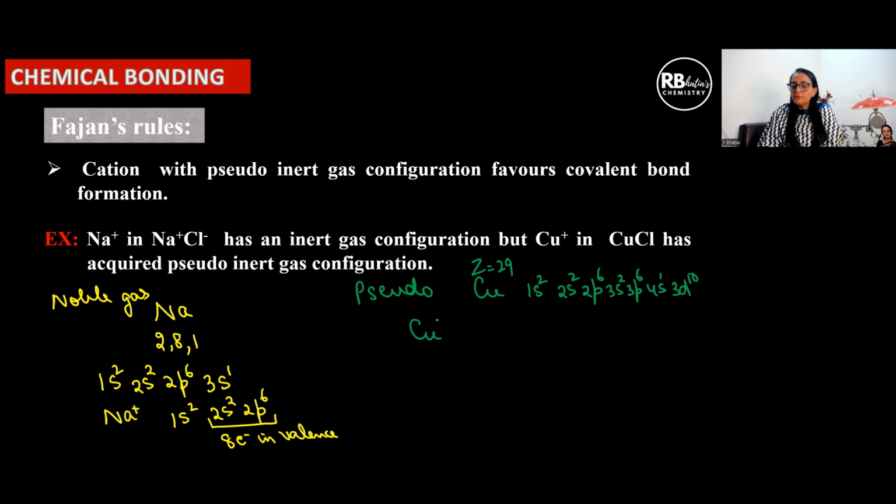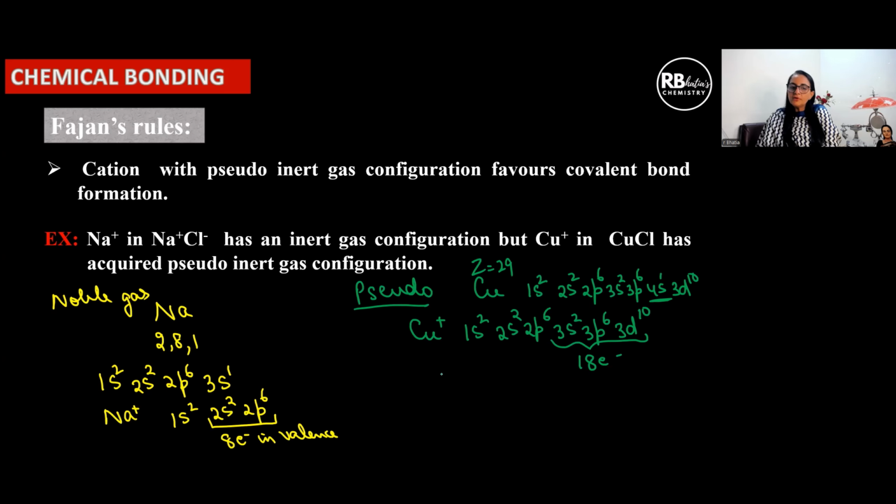So what will be the configuration of copper 1 plus ion? You know, when we make ions, electrons have to be first removed from the highest principal quantum number. So the s electron, 4s1, will be lost. Copper ion is this, which means this is the valence shell and it has 18 electrons.